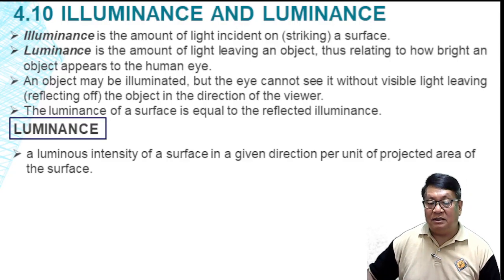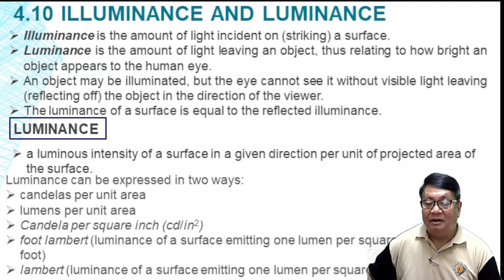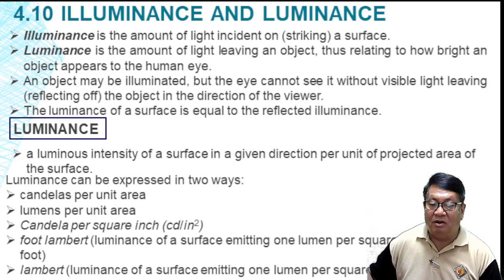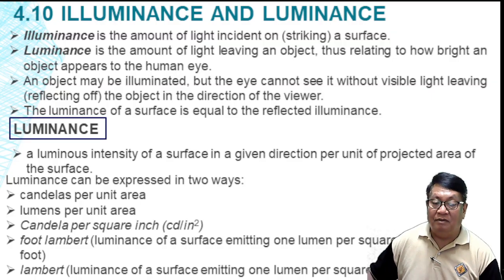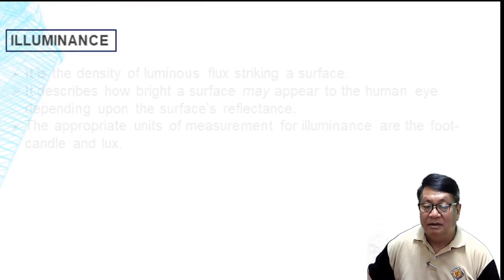So luminance is the luminous intensity of a surface in a given direction per unit of projected area of the surface. Okay, so luminance can be expressed in two ways: candela per unit area, lumens per unit area, and then the rest of the information about the luminance.